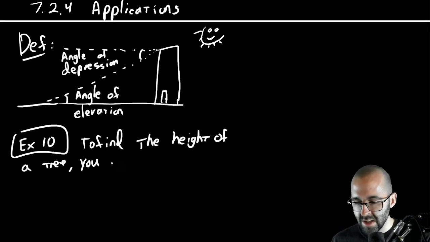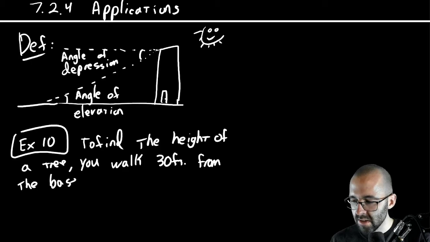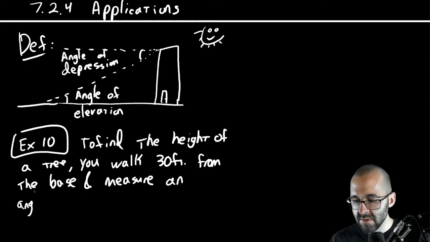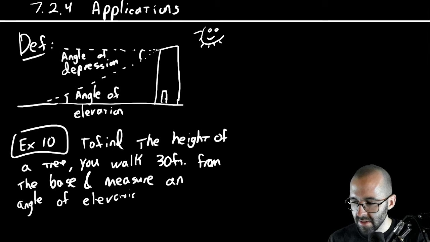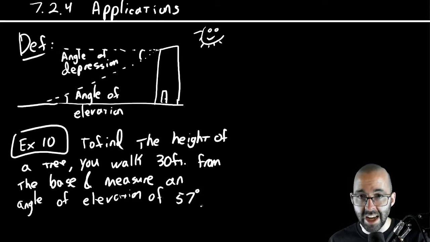You walk 30 feet from the base of the tree, and you measure an angle of elevation of 57 degrees. Pretty accurate.